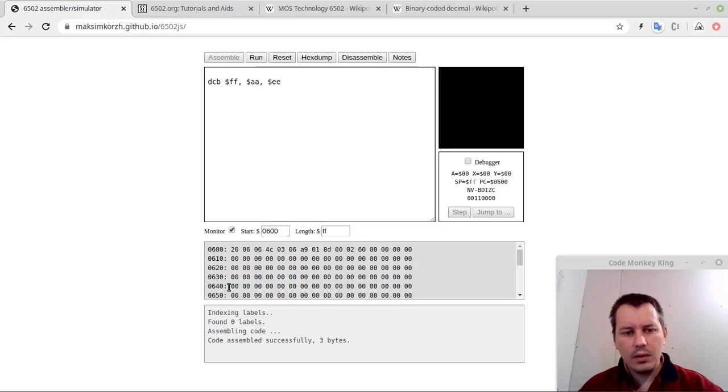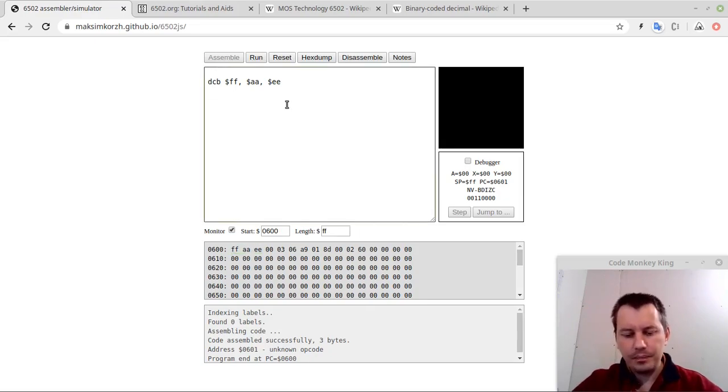And hold on a sec, run, yeah, it just updated the monitor. So after we run what we have, wherever the program counter is pointing to, we are storing the variables to the specific memory cell.